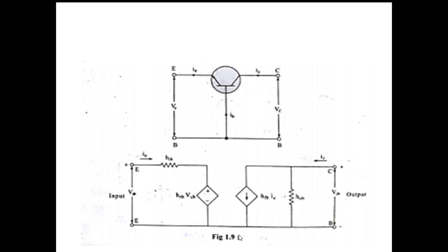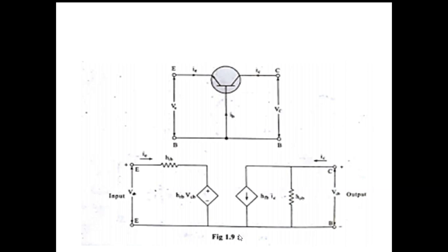H11 is the input impedance, H12 is the reverse voltage gain, H21 is the forward current gain, and H22 is the output admittance. By using these H parameters, we have developed a hybrid model for the common base transistor amplifier circuit.